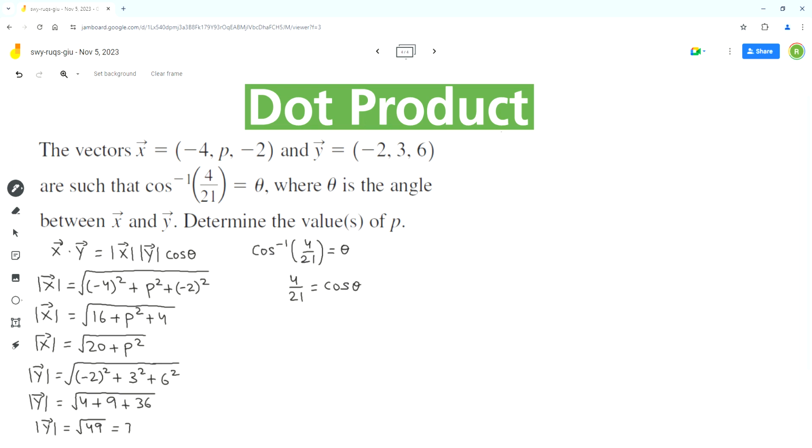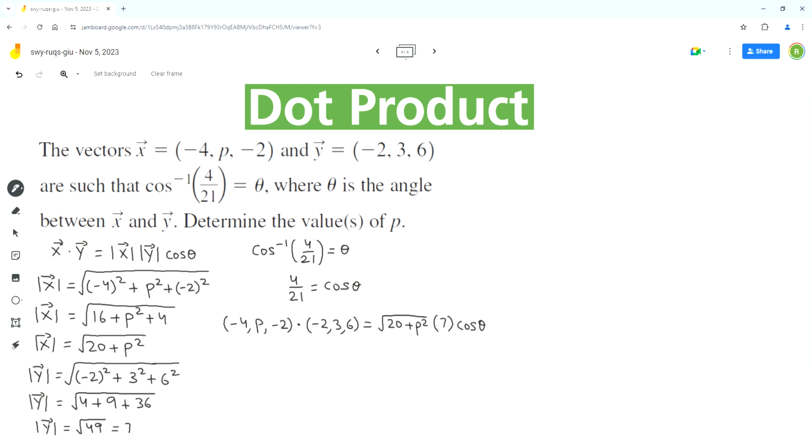Now we can sub in the given vectors and these magnitudes in the dot product equation. Now we can do the dot product on the left side.